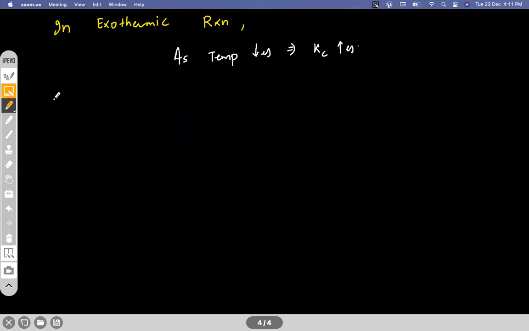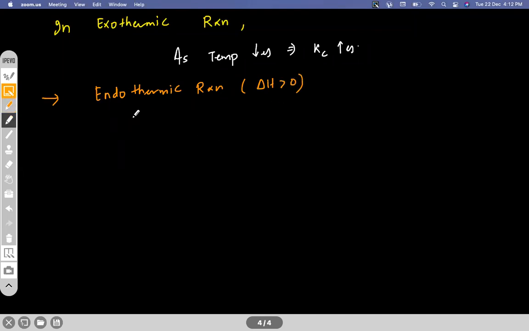Second, we have the endothermic reaction, where delta H is greater than 0. I am assuming T2 is greater than T1, so 1 by T2 minus 1 by T1 is less than 0, negative.